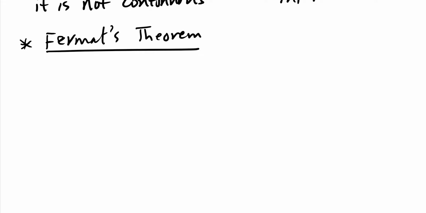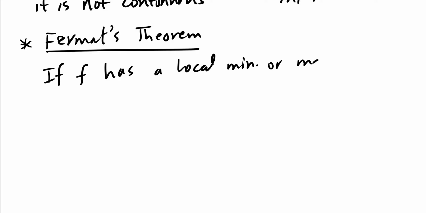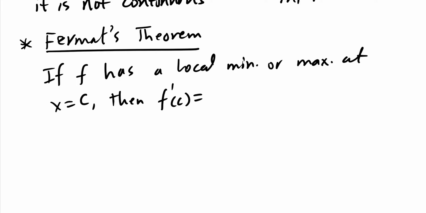One of them says that if a function f has a local min or max at, let's say, x equals c, then the derivative at c is 0 or the derivative at c does not exist. I'm going to write DNE, an abbreviation for does not exist. This is a very important thing for this whole chapter.